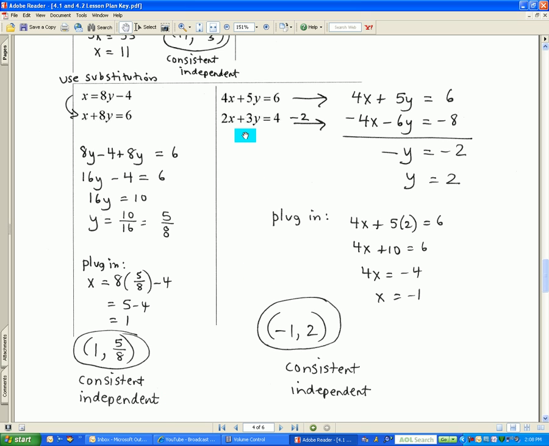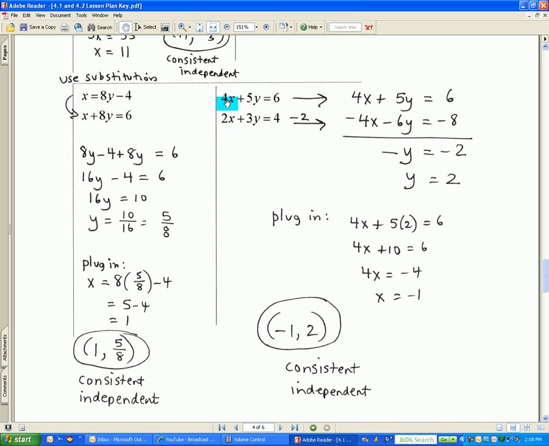This next system of linear equations, I'm not going to do with substitution. I'm going back to the elimination or the addition method. And to me, the easiest variable here to get rid of is the x. If I got rid of the y's, I would have to do something to both top and bottom.